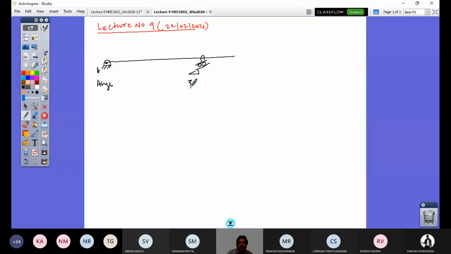degrees. Here, what is the constraint that would be offered? This beam would not go in the normal direction to this floor. It is prevented from translating in the normal direction of this support. But the roller lets the beam have slight displacement along the slope, which could otherwise prevent the free expansion of your beam.